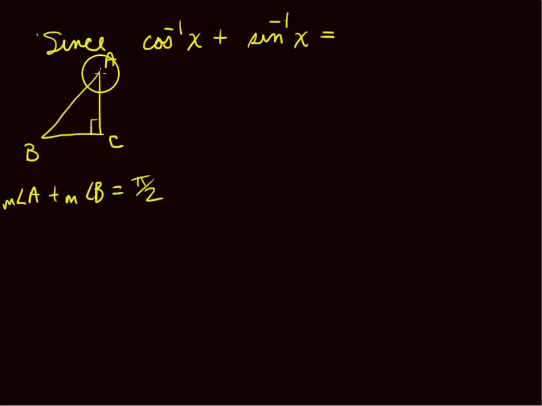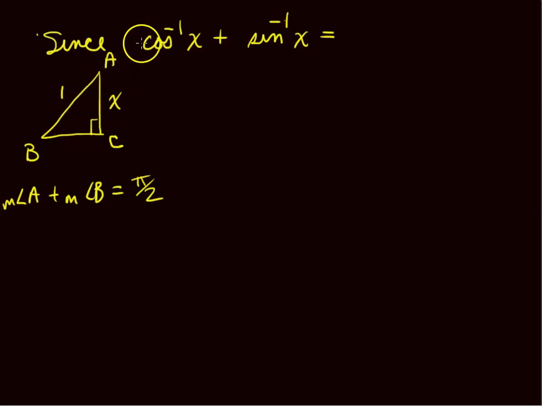So if I say the cosine of A is the adjacent over the hypotenuse, and if I call this x, I guess, and this 1, the cosine of A is x over 1.